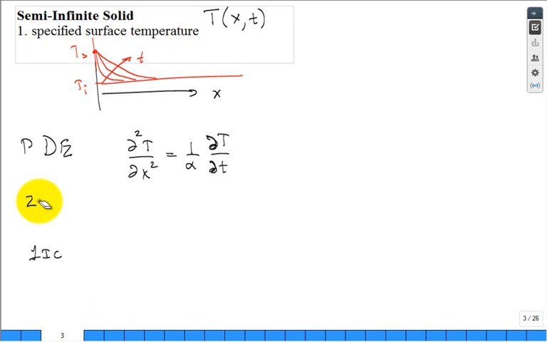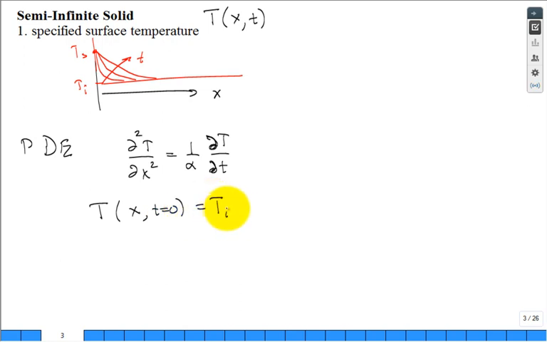All right, so let's go ahead and write out our initial condition. Maybe I'll do the initial condition first. So we'll say that the temperature at any location x, but at time equal to 0, is equal to the initial value, the specified initial temperature throughout the semi-infinite material. That's our initial condition.